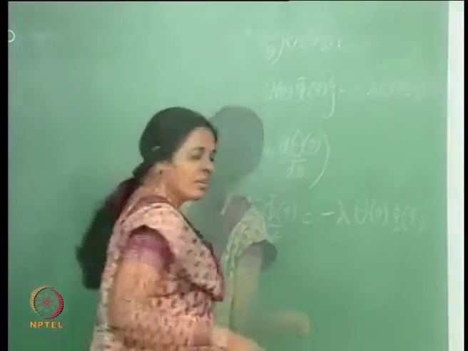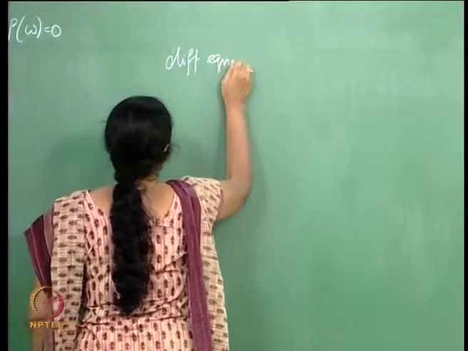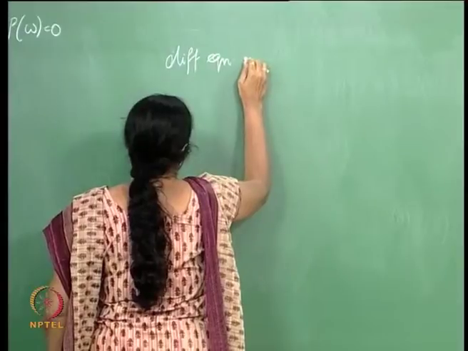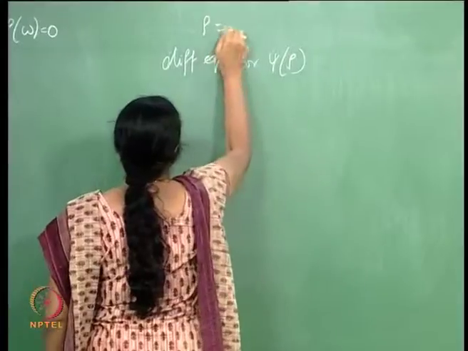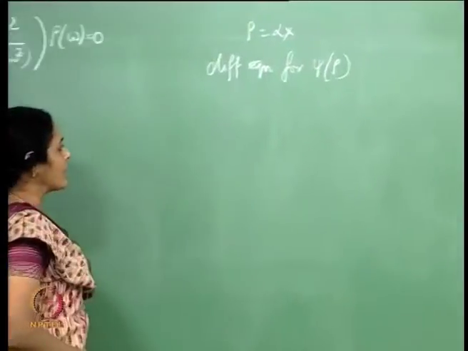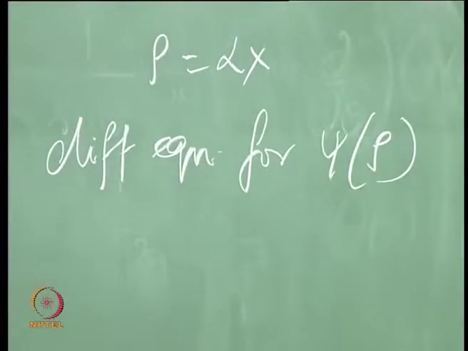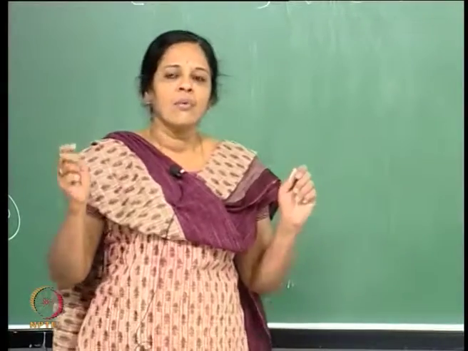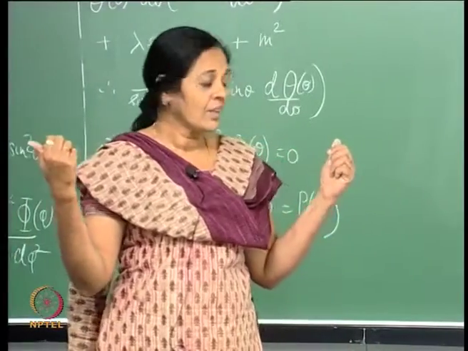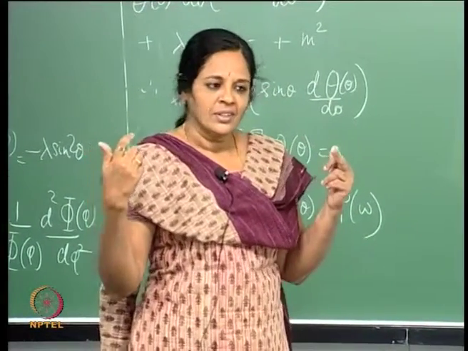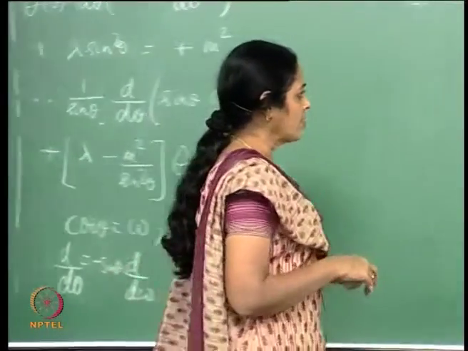There we had a differential equation for psi of x, where I defined rho as alpha x and therefore wrote it as psi of rho. Then we examined that equation asymptotically. That means what happens when x goes to plus infinity or minus infinity, which are the limits of x. You want the wave function to be well behaved asymptotically.